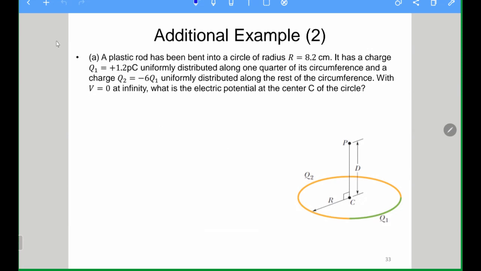Here it says a plastic rod has been bent into a circle of radius r equals 8.2 centimeter. It has a charge Q1 uniformly distributed along 1/4 of its circumference, which is this part, Q1. And then a charge Q2 equals negative 6 Q1 uniformly distributed along the rest of the circumference, which is this part.